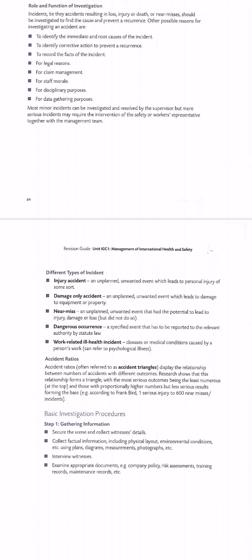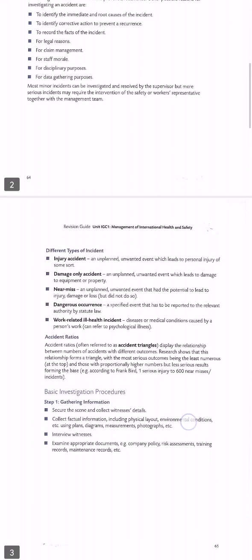right? We're talking about the accident ratio, right? What is the accident ratio? Accident ratio, often referred to as the accident triangle, displays the relationship between the number of accidents with different outcomes. Research shows that this relationship forms a triangle, with the most serious outcome being the least numerous at the top, right?